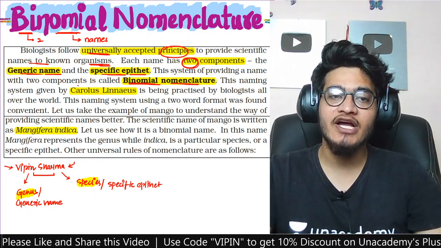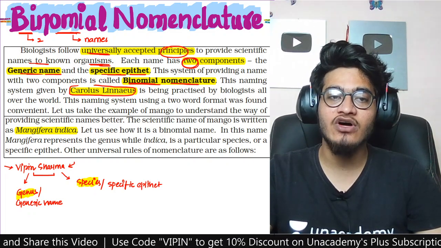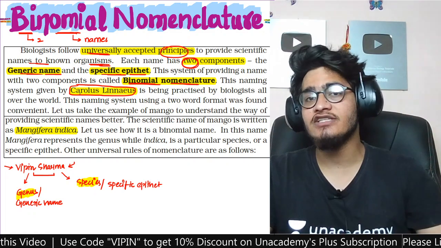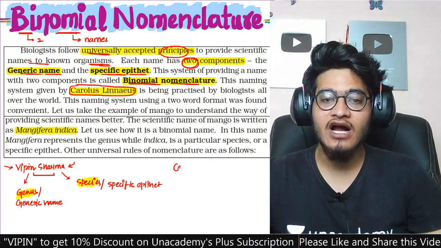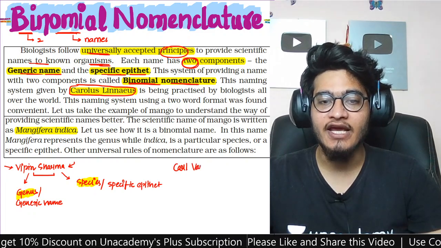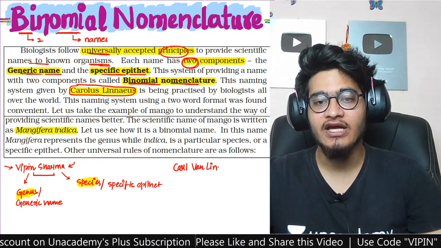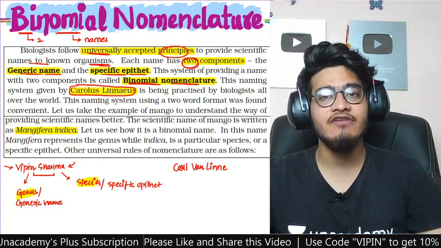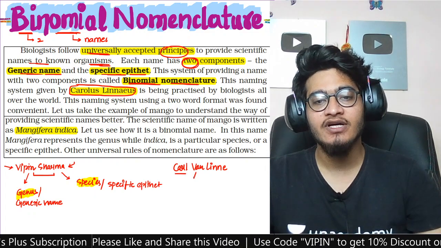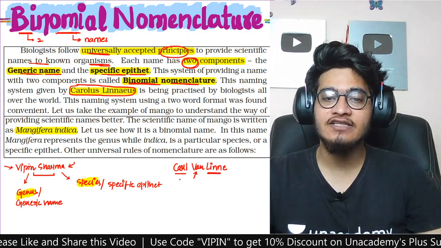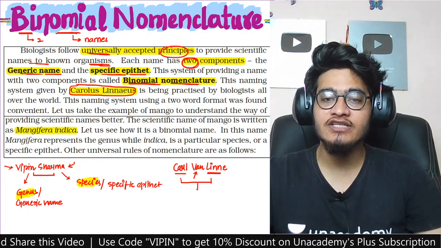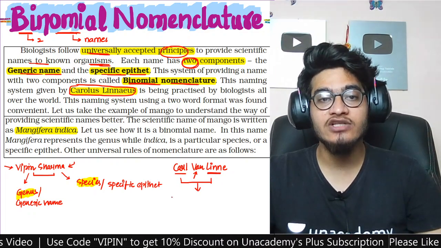This scheme is given by Carolus Linnaeus, and you will be astonished to know that the name of this scientist was not Carolus Linnaeus from the beginning. His name was Carl von Linné. But in his name, there are three different things: first name, then middle name, and then his surname. So what he did basically is convert his name into binomial nomenclature also.